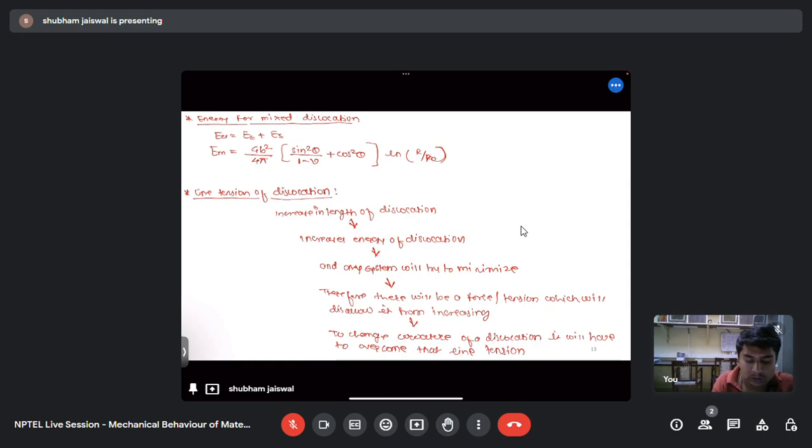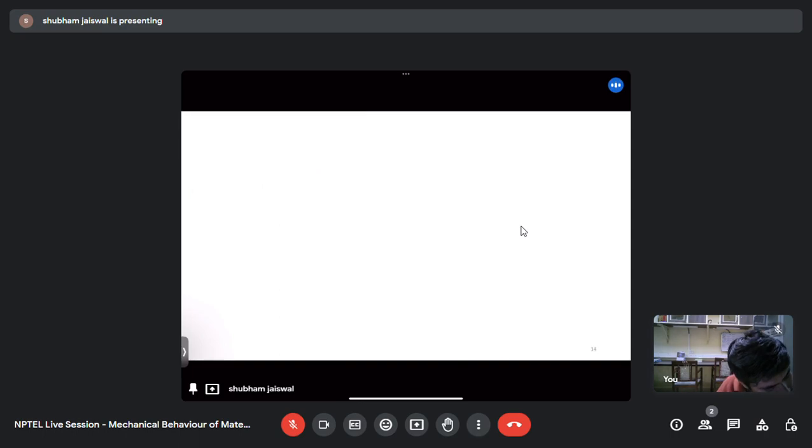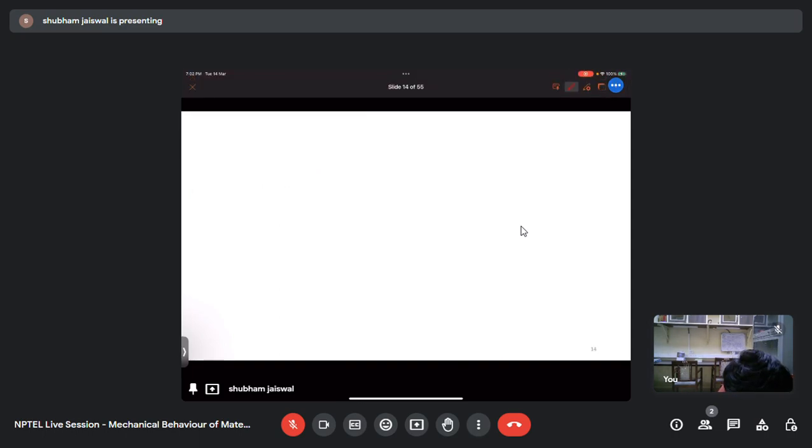Suppose, let's say, this is the dislocation curve with a radius r. Let's say this is my angle del theta.